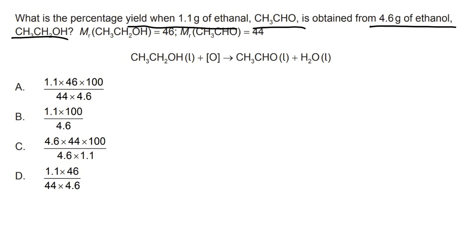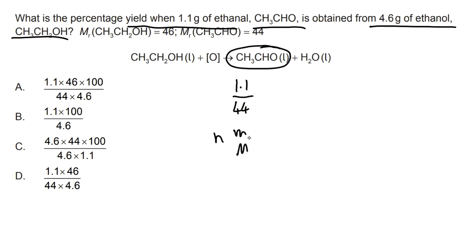And percentage yield, so we've made 1.1 grams of ethanal. Okay, that's our product. And we know that the molar mass is 44. So we've made 1.1 divided by 44 moles of this. Right? To calculate moles, we're doing mass over molar mass.